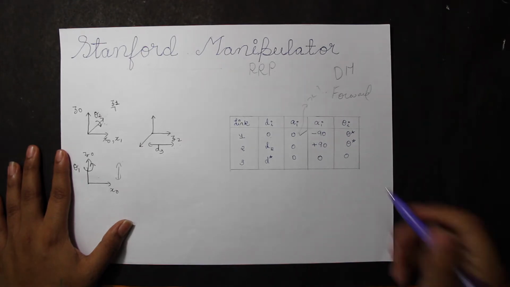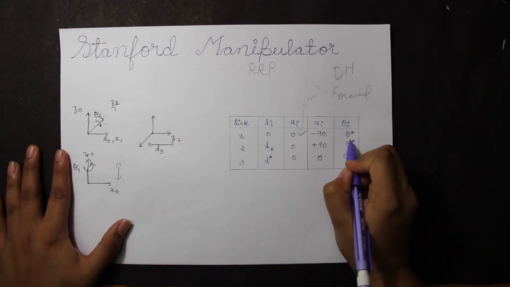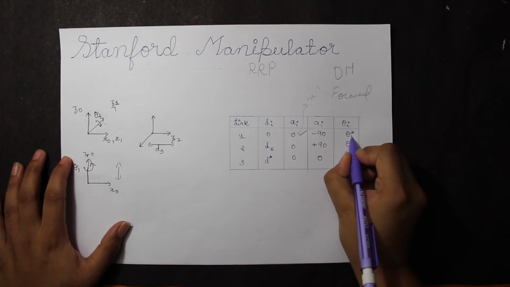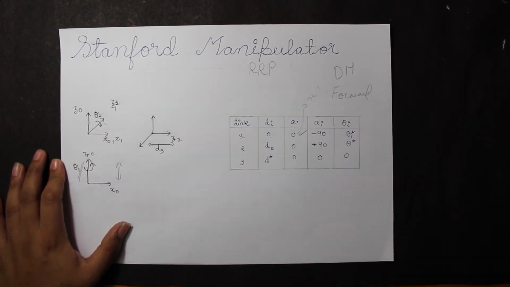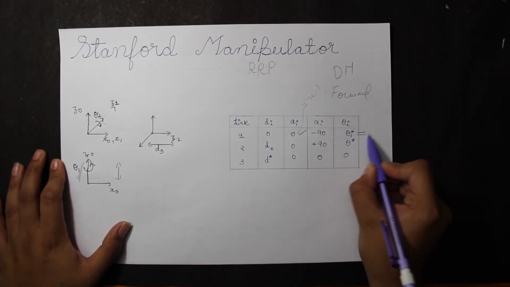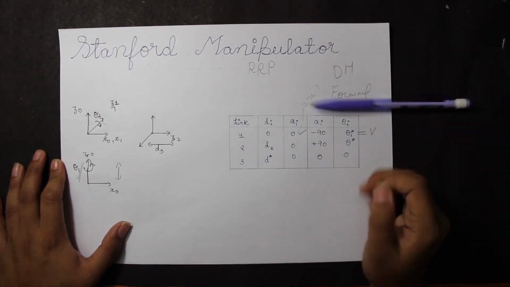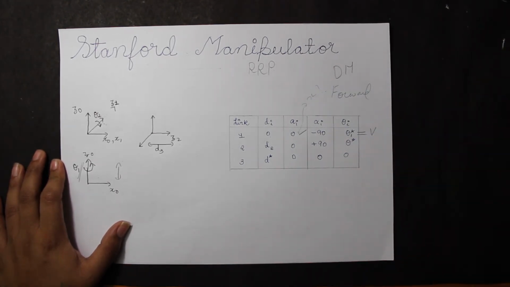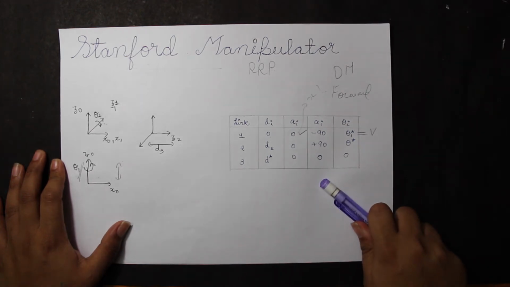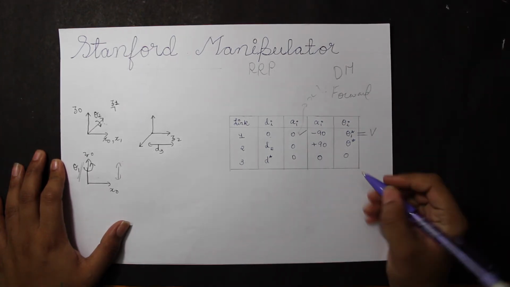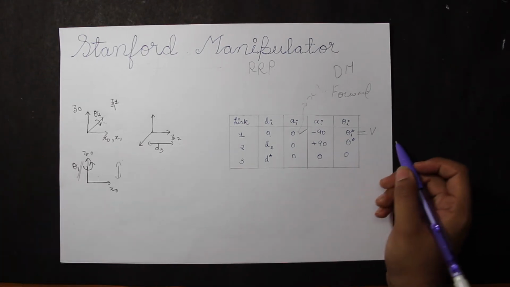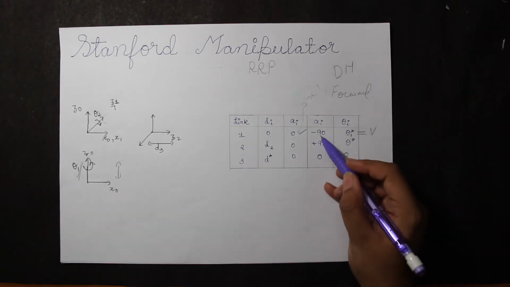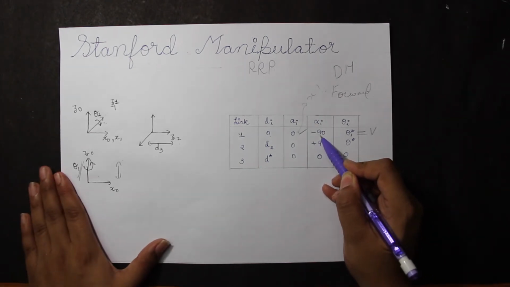For the value of theta I, we know that it's a revolute joint and we have its value specified as theta 1. Since theta 1 is a variable, because it's a revolute joint, we will specify it with a star mark. Now, a very important thing about this manipulator is its alpha I value, that is, its link twist.